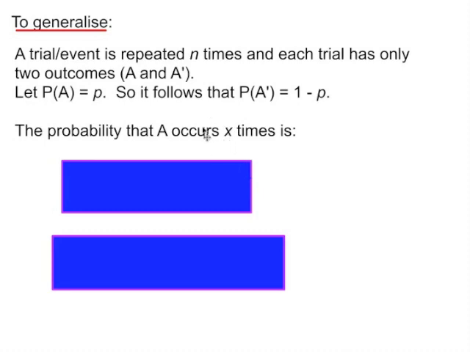Then we're looking at the probability of event A occurring X times. So that might be that in our 8 flips of the coin we get 3 heads or 4 heads or 2 heads. So X is our variable here.